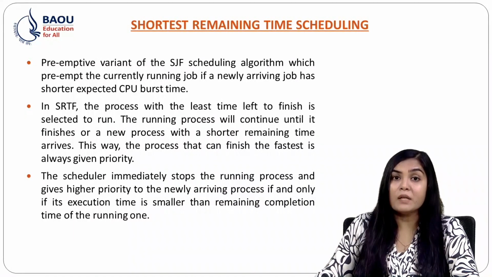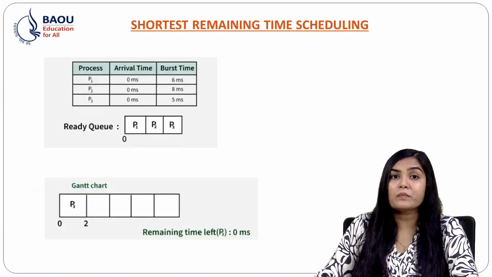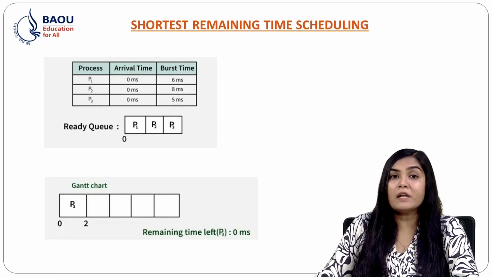For an example, consider the following table of arrival time and burst time for three processes P1, P2 and P3. So here we will understand the step by step execution.